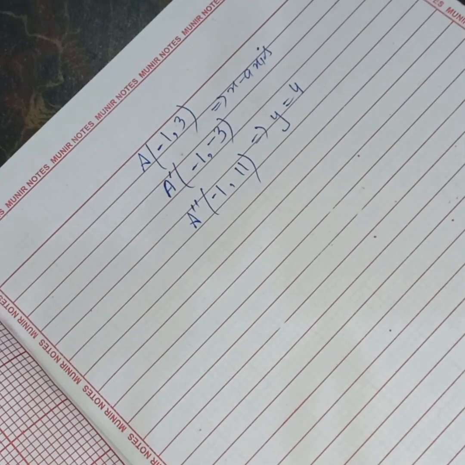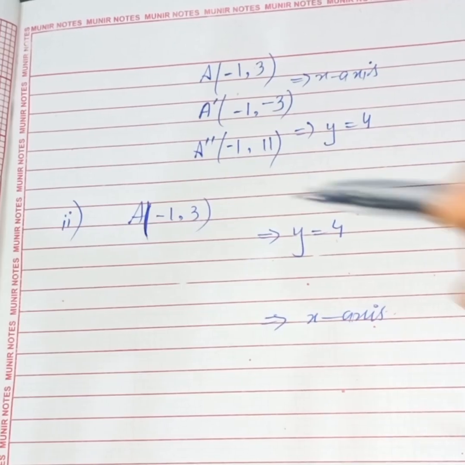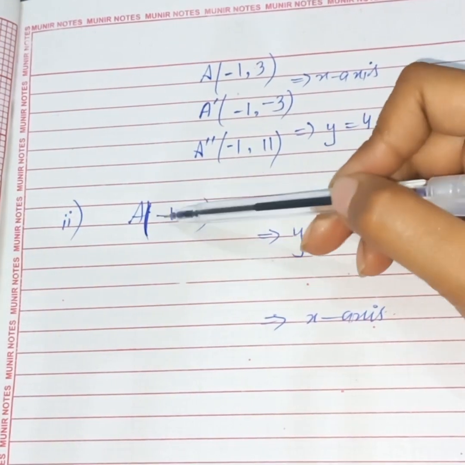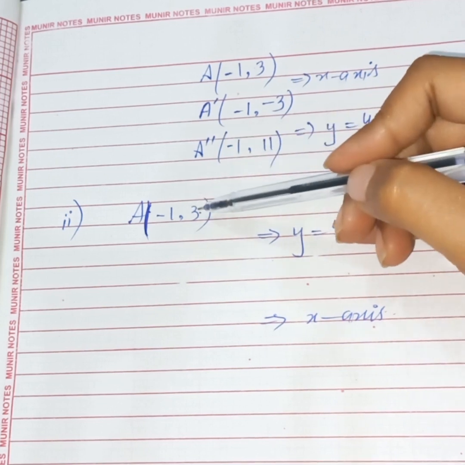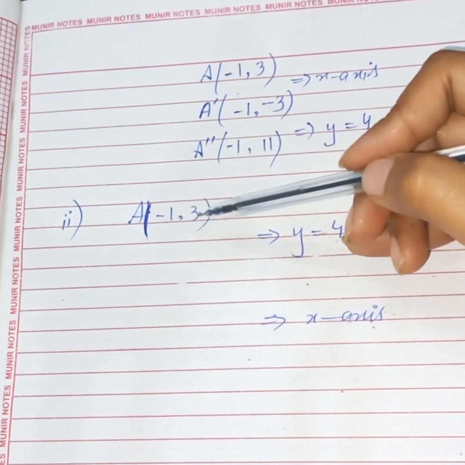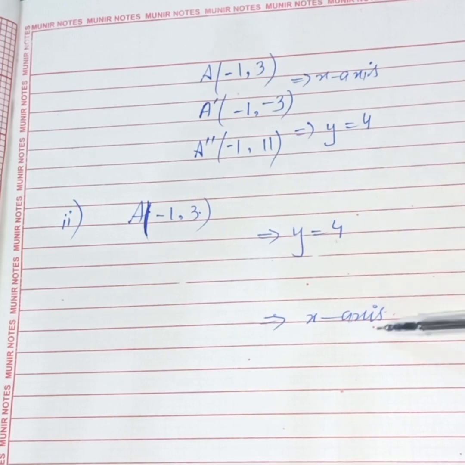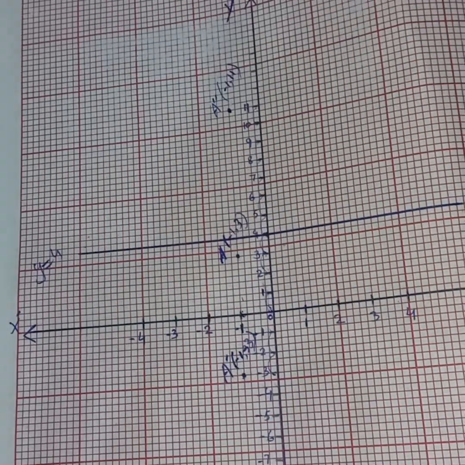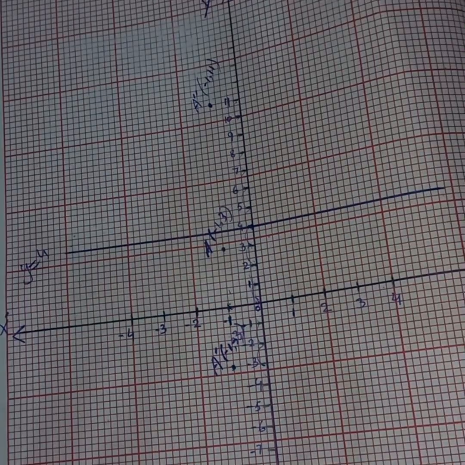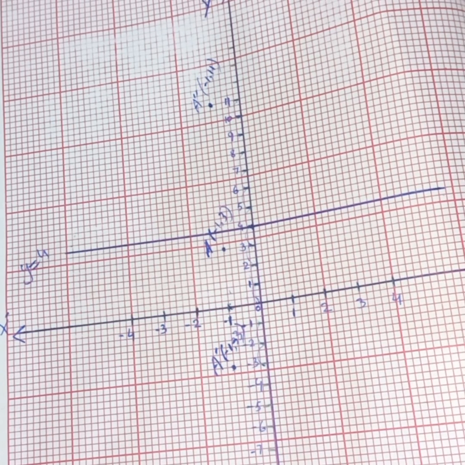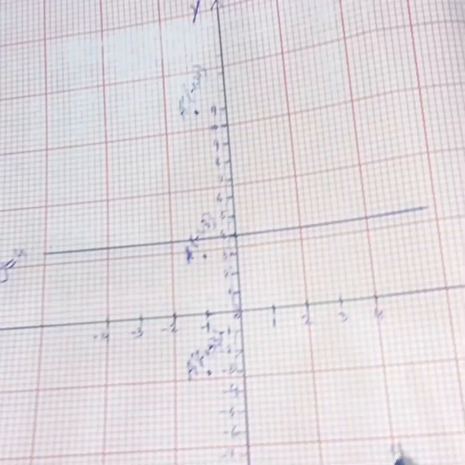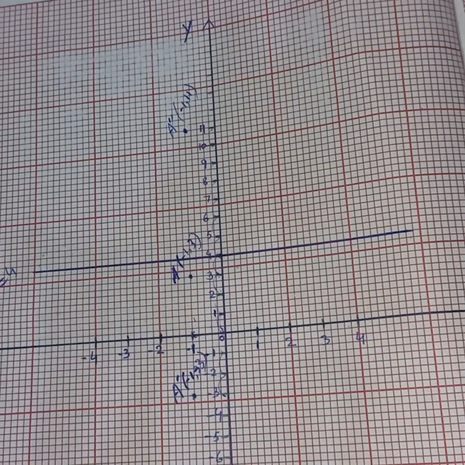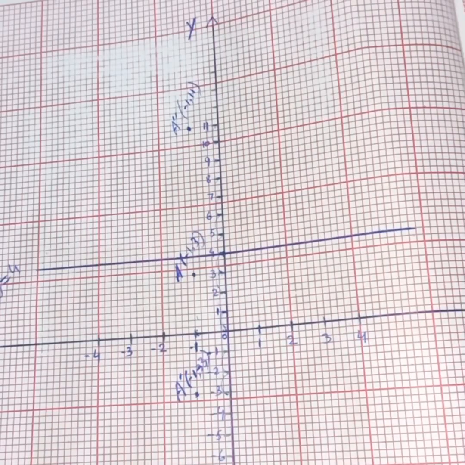Now in part 2 of the same question, again we have the object A -1, comma 3. We have to find the reflection of this point first against y is equal to 4 and then on the x-axis. So let's start. You can observe here this is the point A -1, comma 3, and this is y is equal to 4.